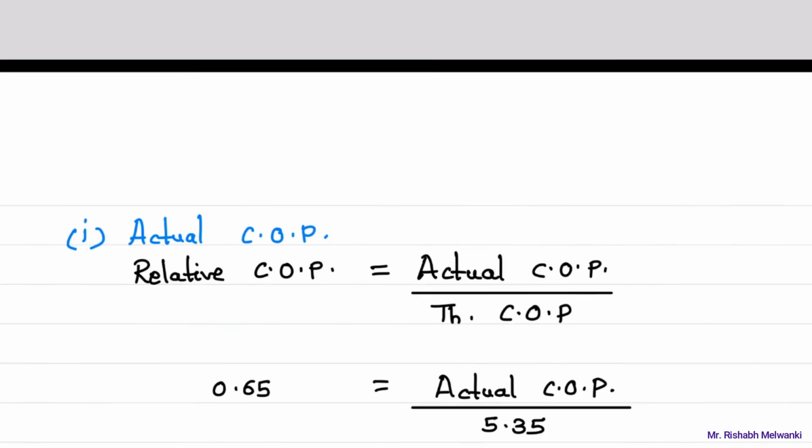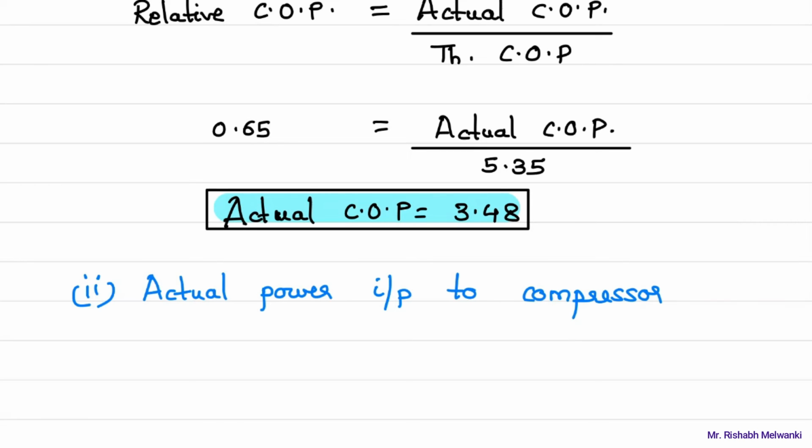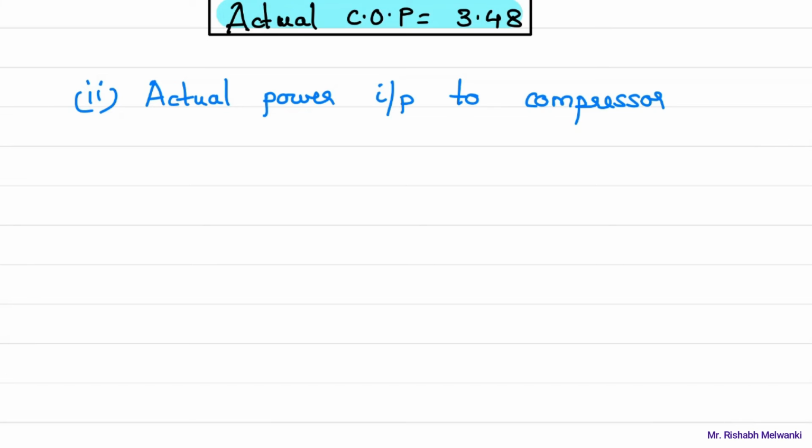Next is sub question number 2. What we have to find? Actual power input to compressor. How to find this? We will first find the mass flow rate of refrigerant. How to find that? We can directly use the equation of refrigerating effect.